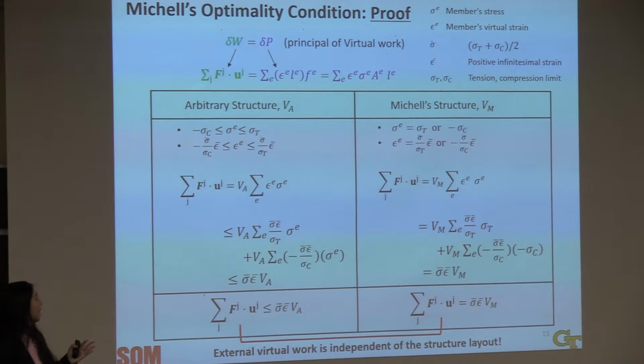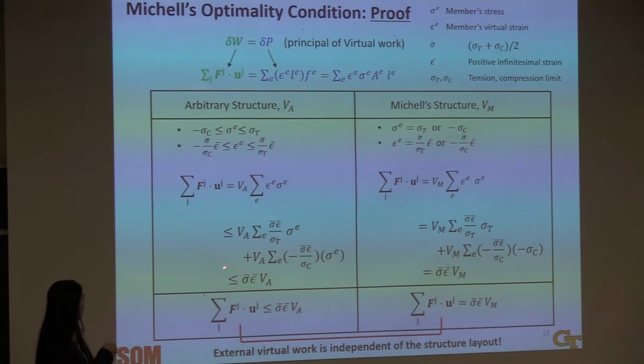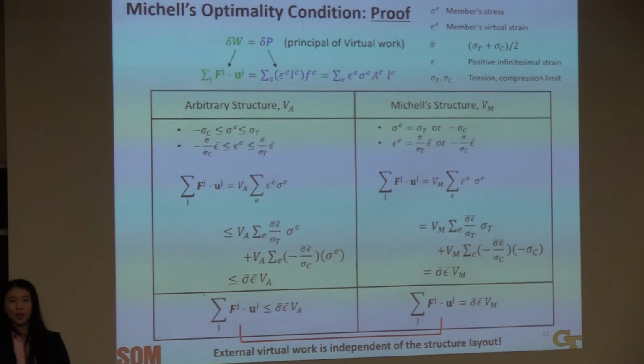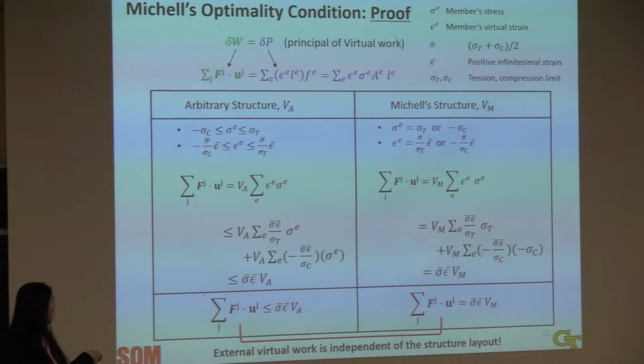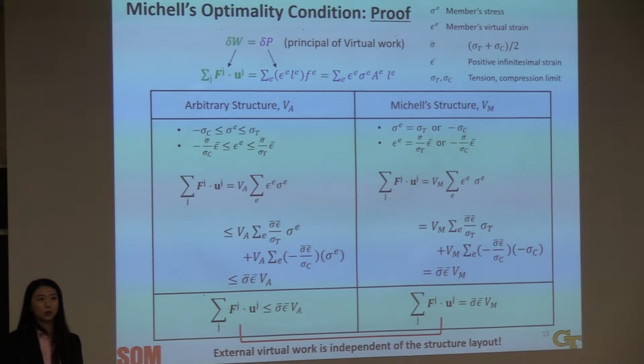By plugging this relation into the external virtual work and internal virtual work, we can see that the volume of the arbitrary truss times this constant is always larger than its external work.